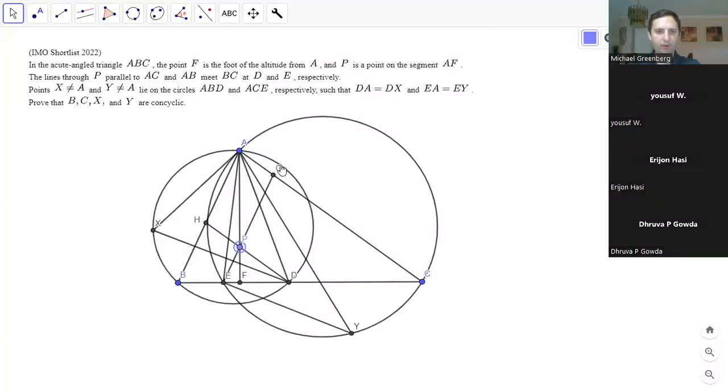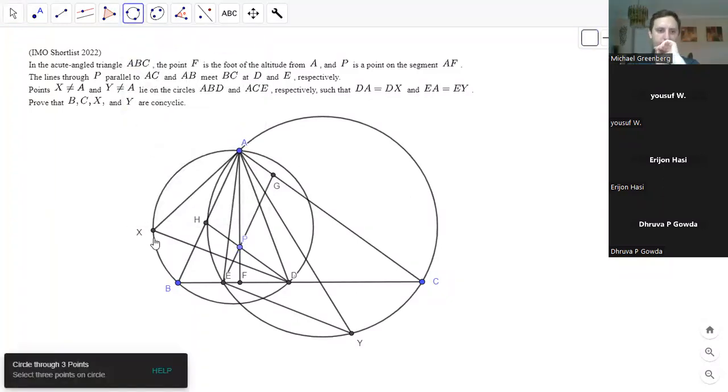We have this parallelogram. Obviously, PED is similar to ABC. So what should we do from here? Maybe trying to use the radical axis theorem or something, because all the points are on the circles. Okay.